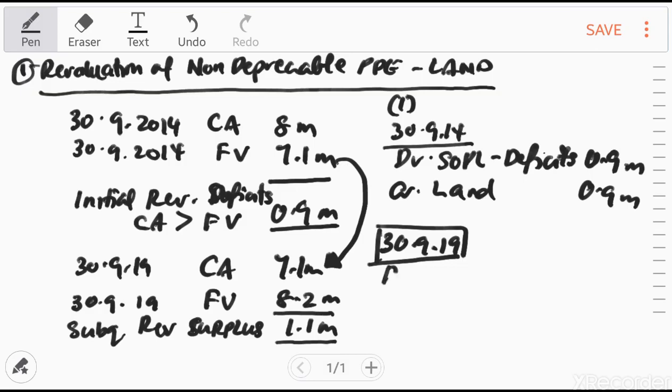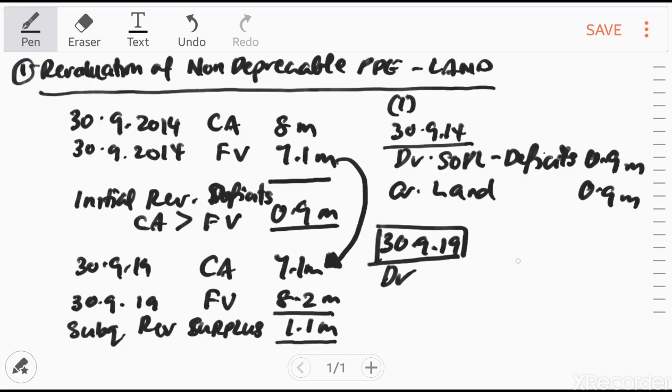So you need to look at the requirement of the paragraph in MFRS 116, where it says, should you have a surplus on revaluation, subsequently you will look at what balance may be available in the revaluation reserve.